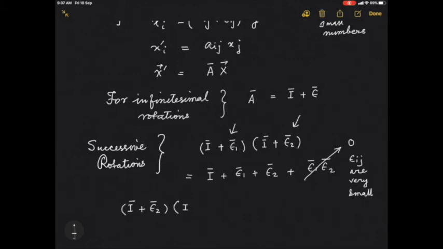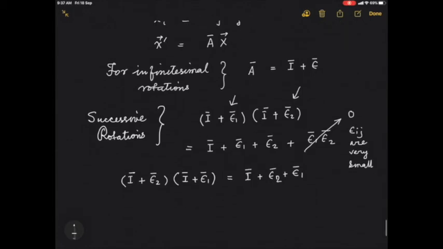And now you can see that if I would have done it the other way, epsilon 1 first and then epsilon 2, this would have been the same. The matrix additions are commutative, so these two are the same.